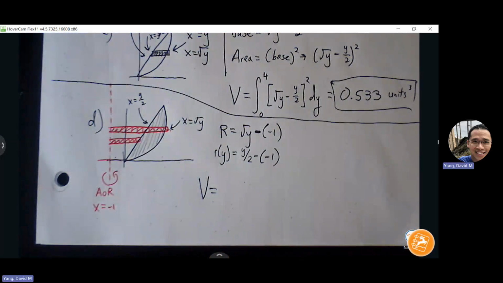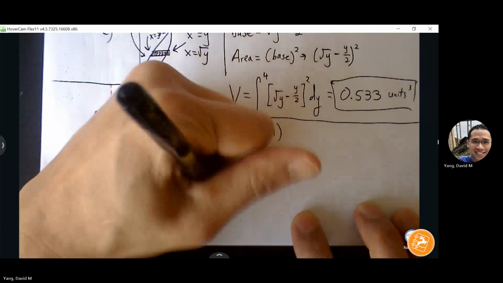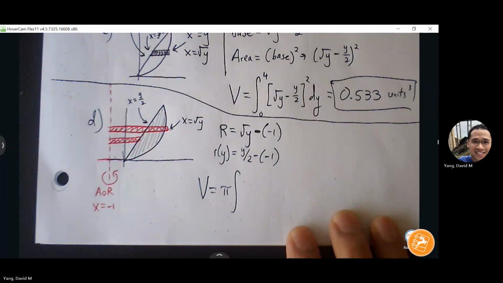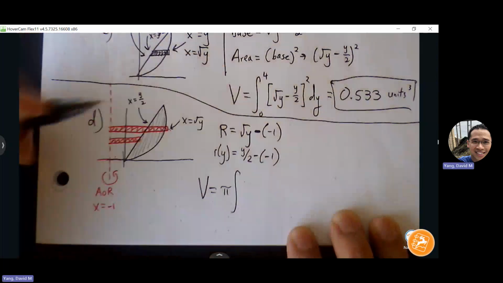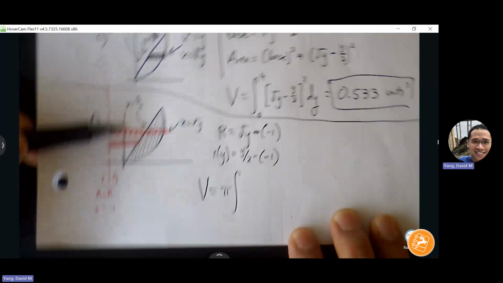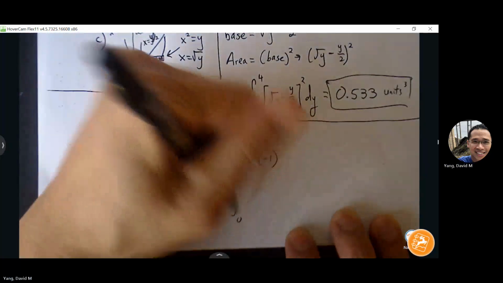So rotation is always going to create these circular shapes. So here we will have pi in front. Bounds are still from 0 to 4. We're stacking from lowest to highest y value.